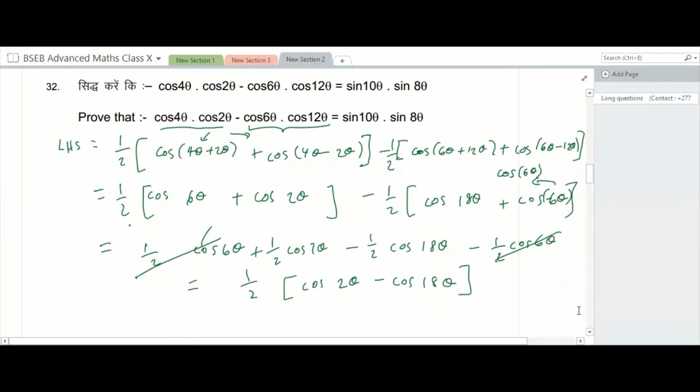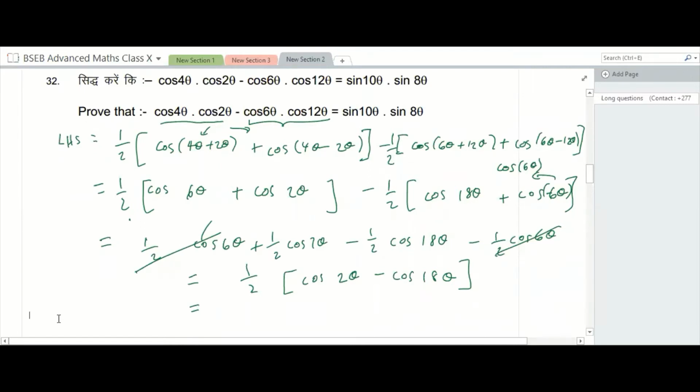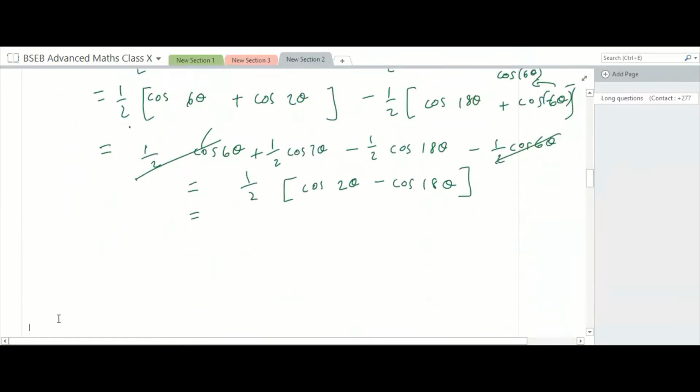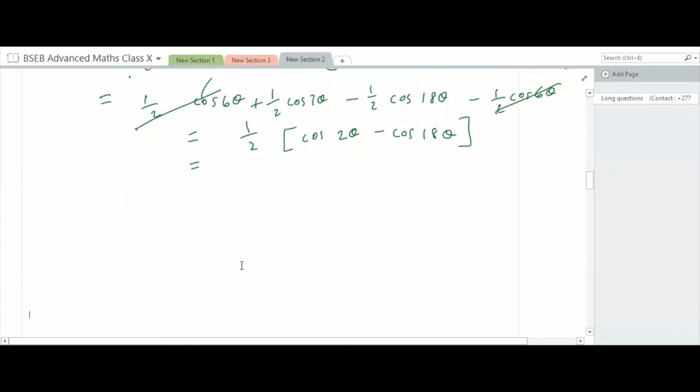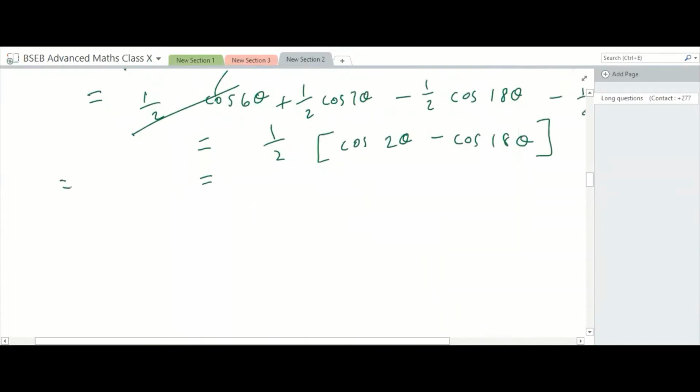Which is equal to half cos 2 theta minus half into cos of 18 theta.